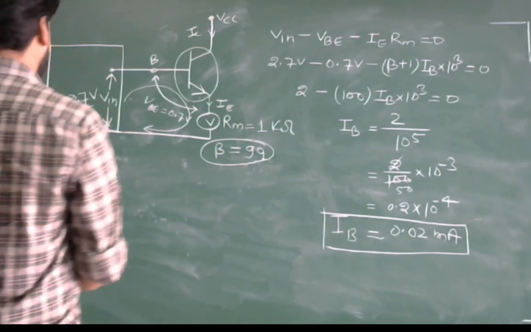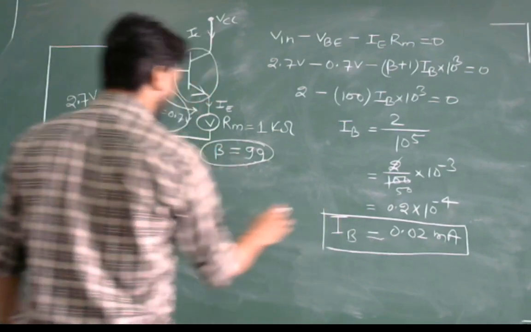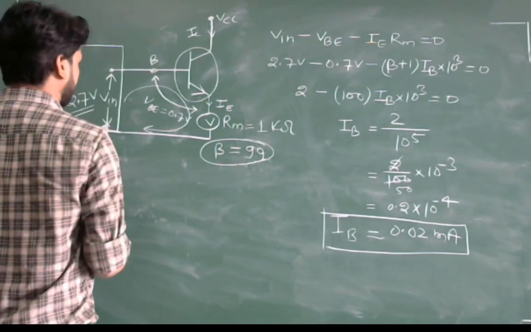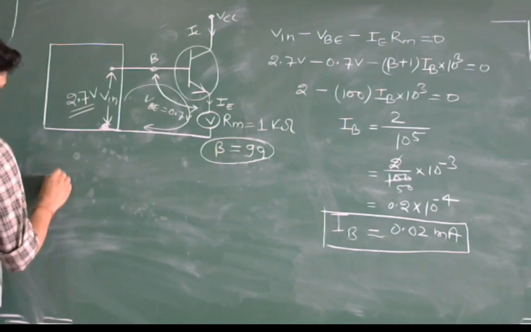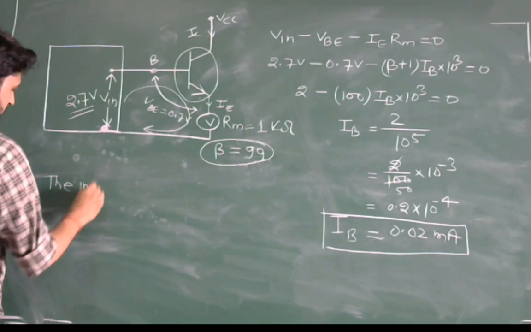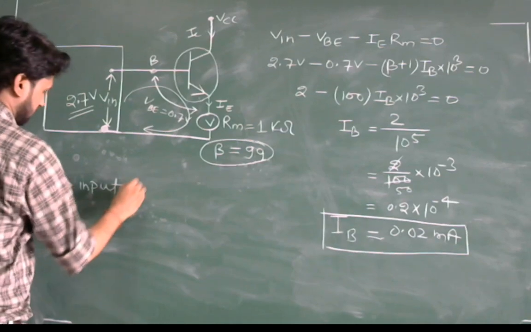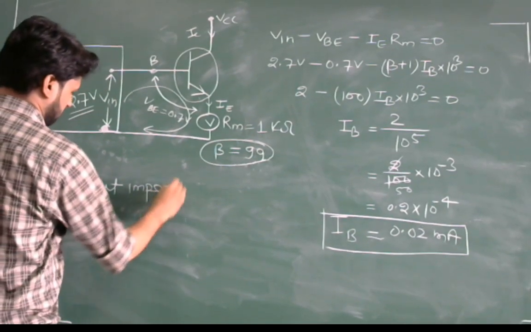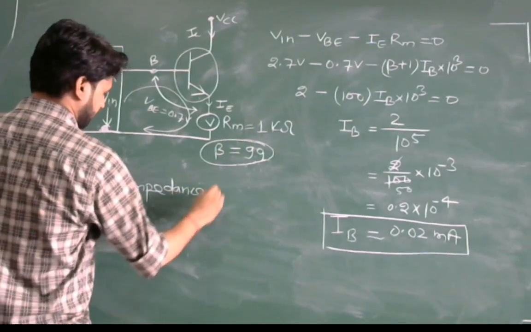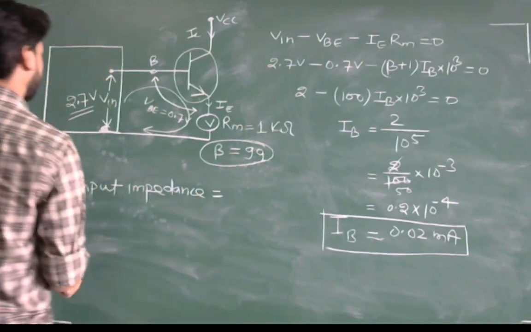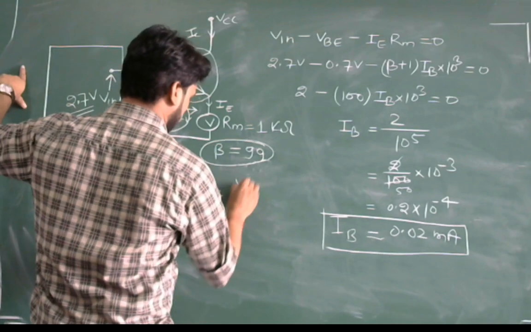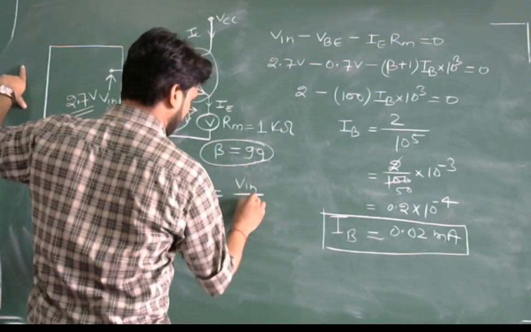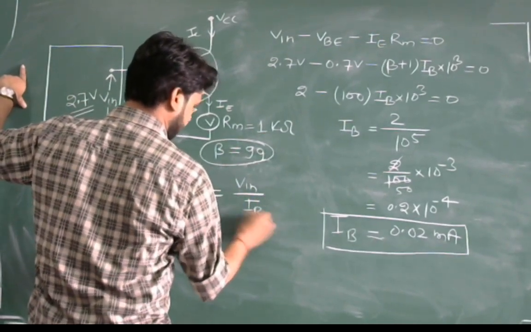If I calculate the input impedance of this circuit, we will write the input impedance of this circuit will be equal to V in upon IB.